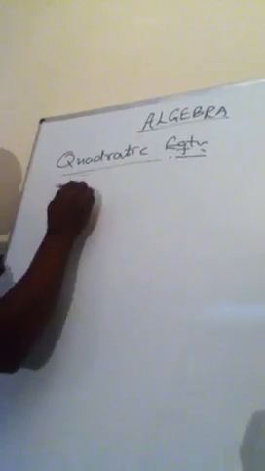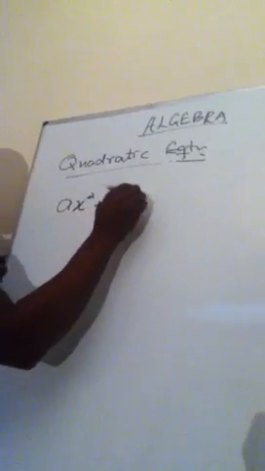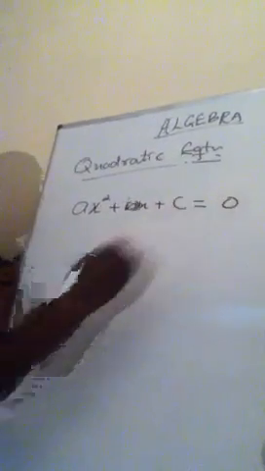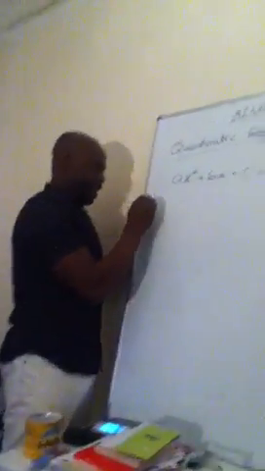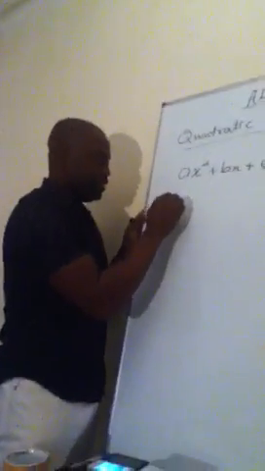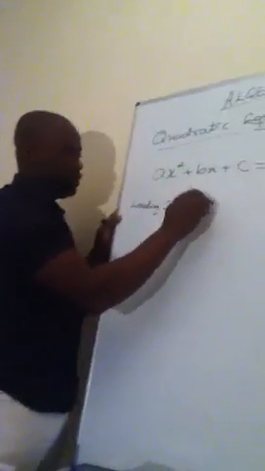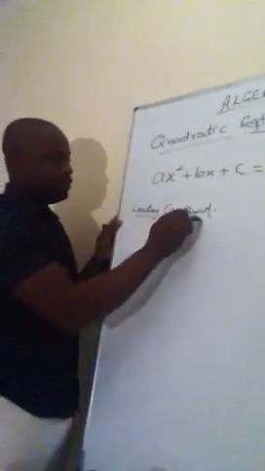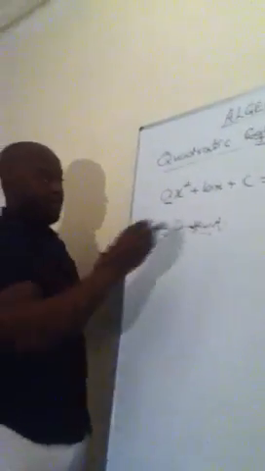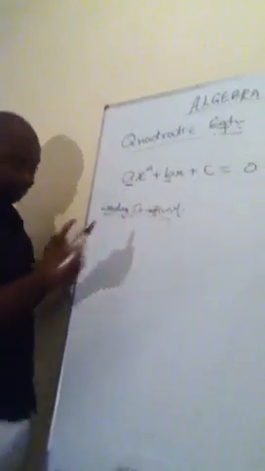The general form of a quadratic equation is ax squared plus bx plus c is equal to 0, where a is the leading coefficient, while b is also a coefficient, and c is a constant.